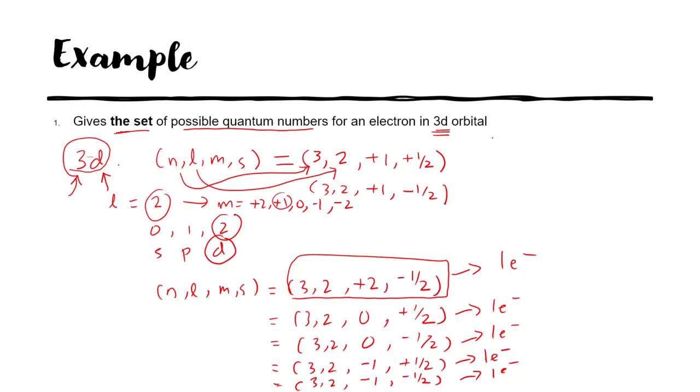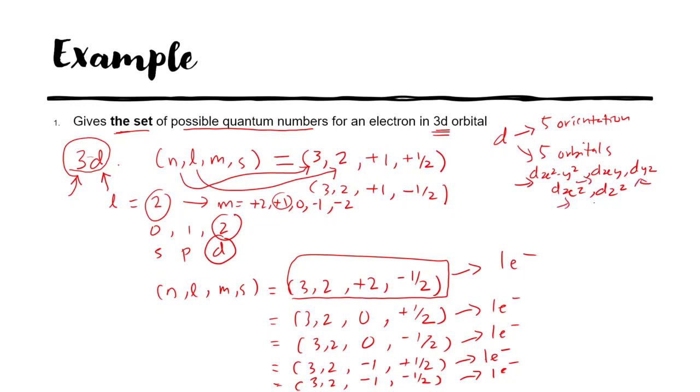You should remember that orbital D has 5 orientations. 5 orientations means that you have 5 orbitals, which are dx square y square, dxy, dyz, dxz, and dz square, right? And each of these orbitals can fit a maximum of 2 electrons.